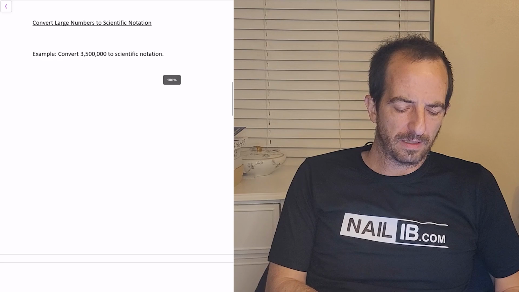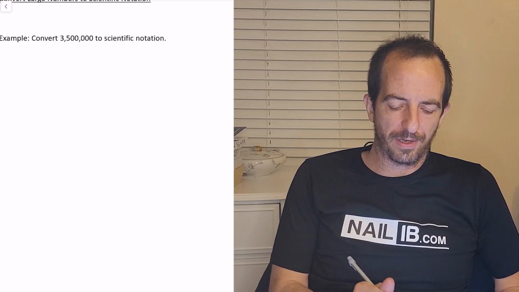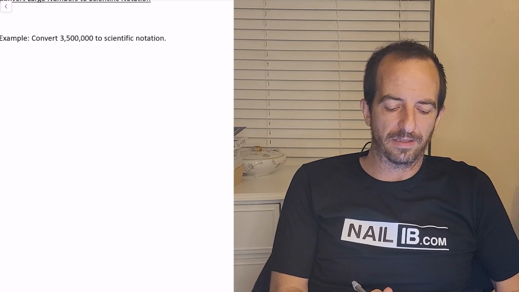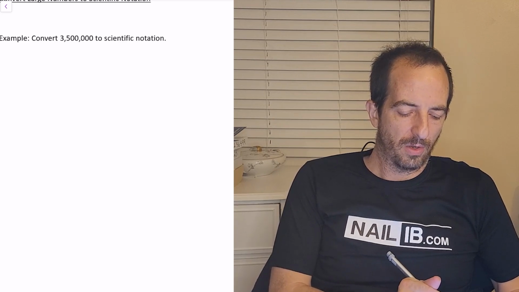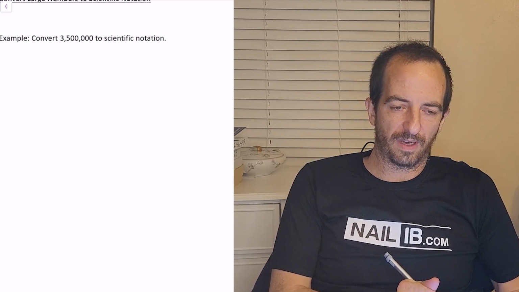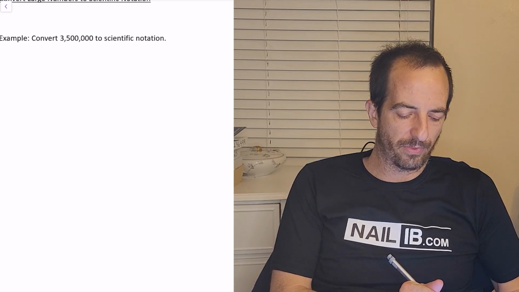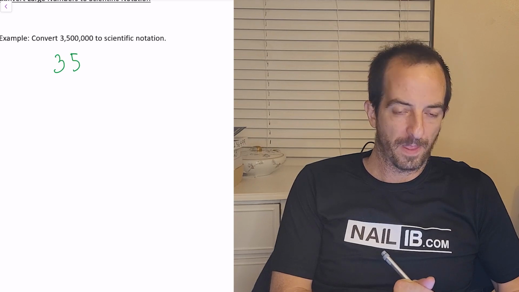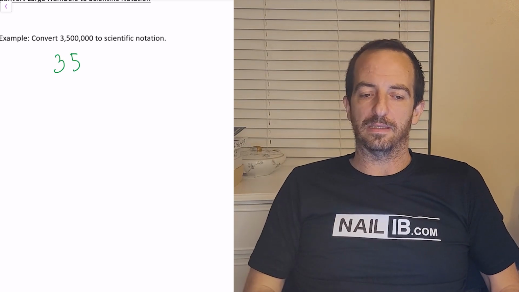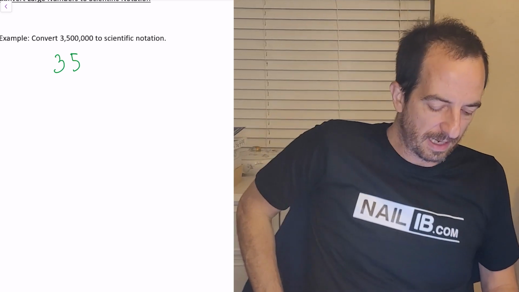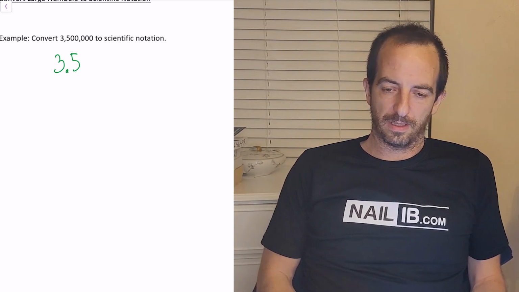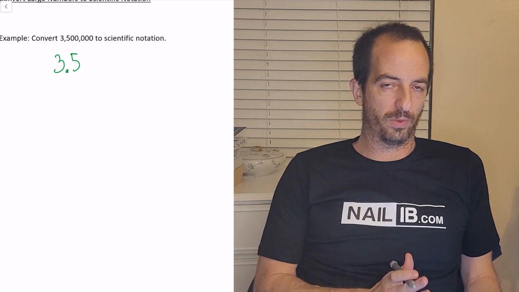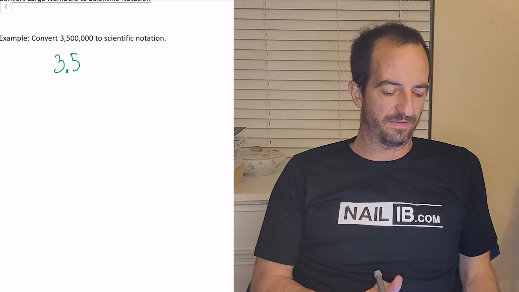Here's a quick example. They want us to make sure that we know how to write the number 3,500,000 in scientific notation. How do we do so? We start with the first significant digits, which are in this case 35. 35 by itself is not a good coefficient, so we have to put the decimal in between in order to make it between 1 inclusive and 10 exclusive.